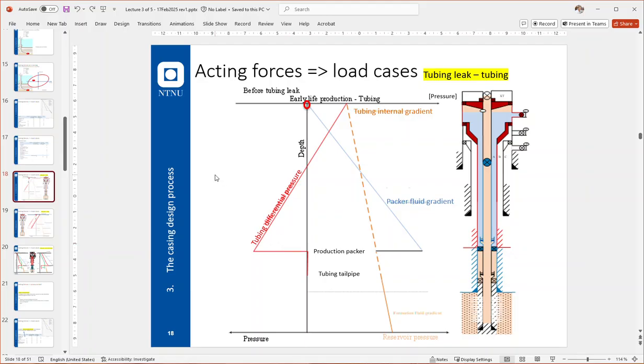Now, the most extreme case for us in the tubing leak would be a shallow leak, meaning just below the tubing hanger. It's marked here with a white circle.